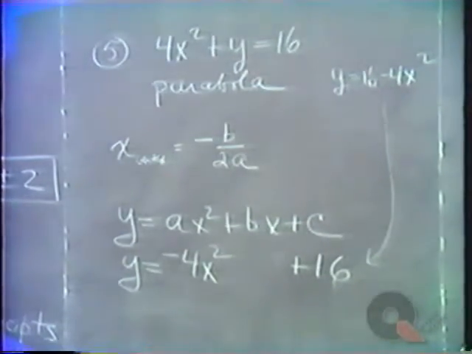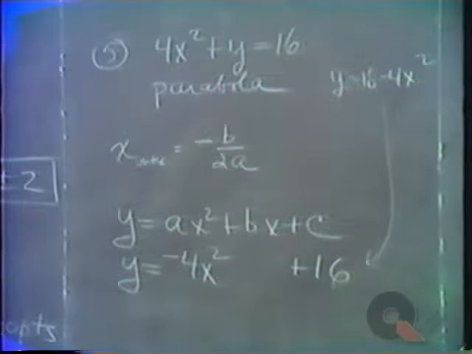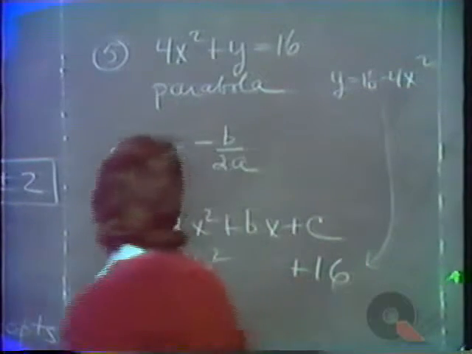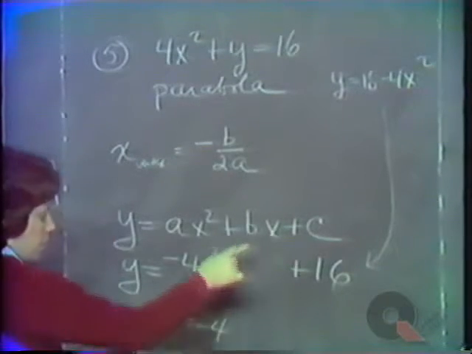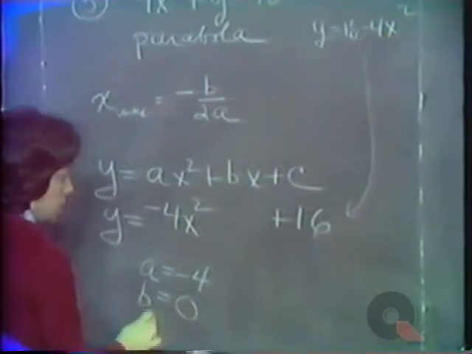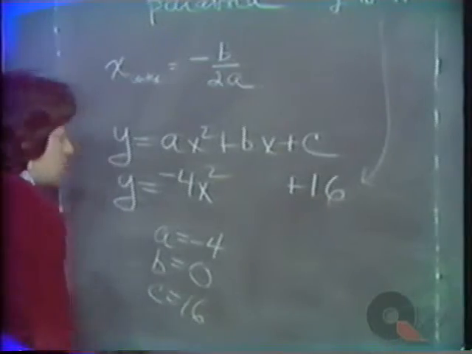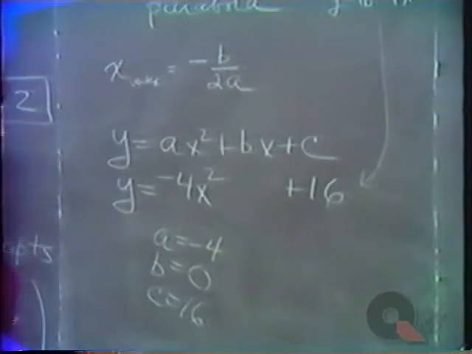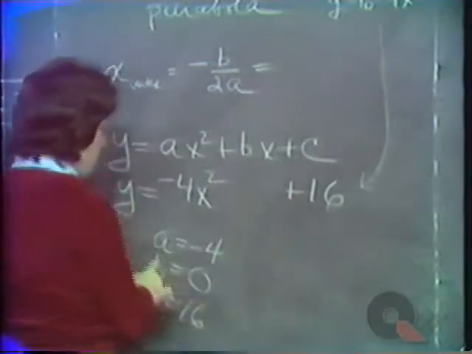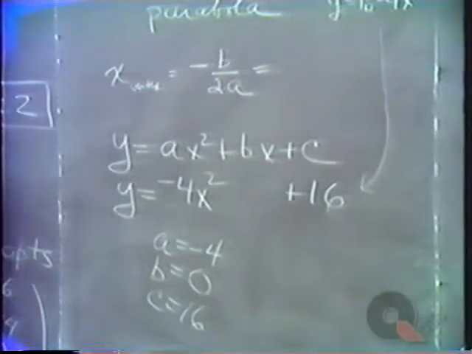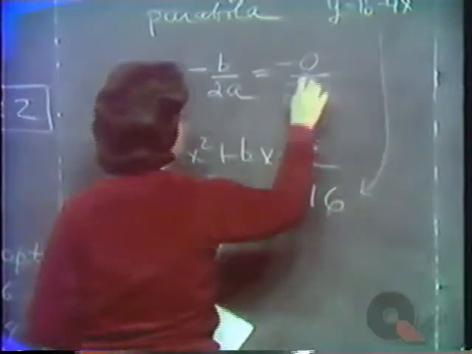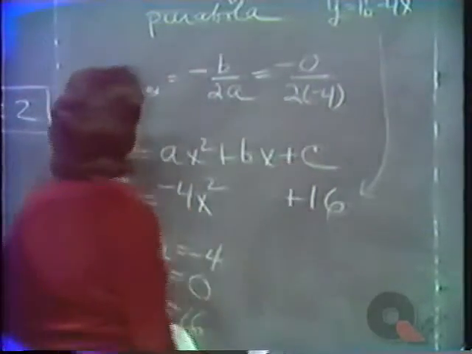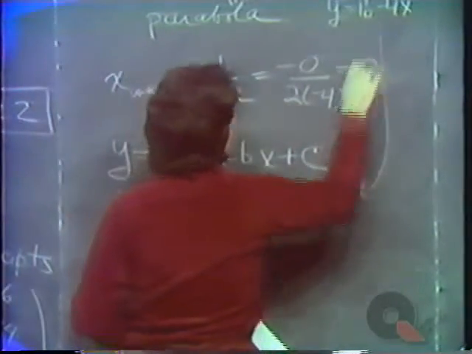So minus 4x squared plus 16. From this we see that a, the coefficient of x squared, is minus 4, b is 0, and c is 16. And the x-coordinate of the vertex is minus b over 2a, minus 0 over 2 times minus 4. The x-coordinate of the vertex is 0.